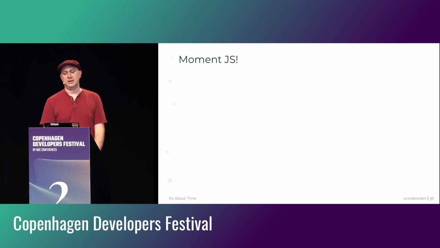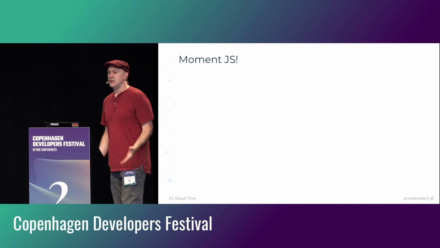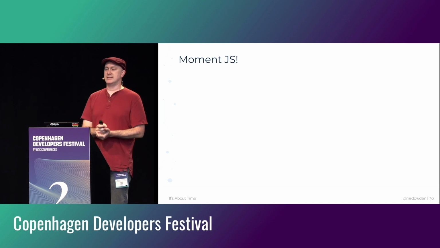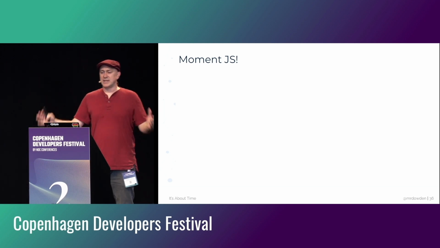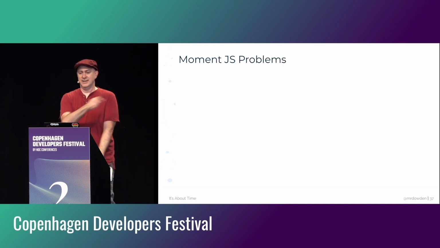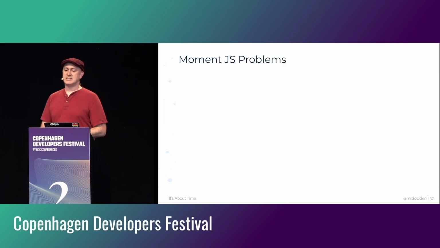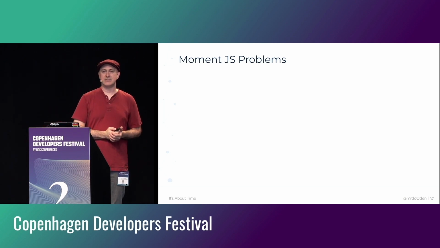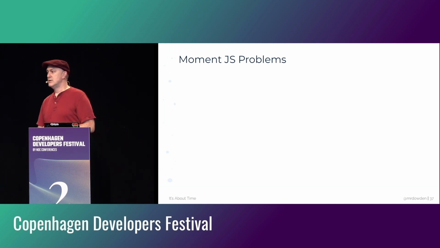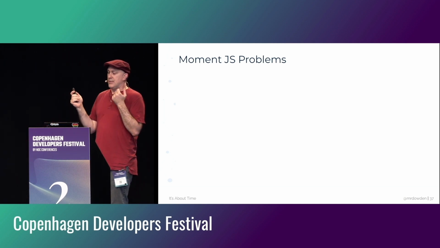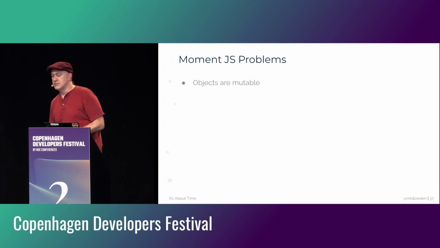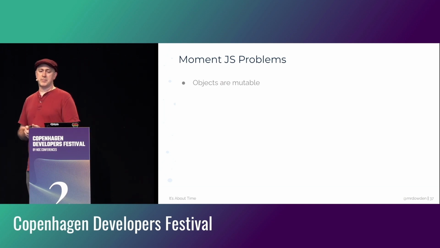So, if you've been around JavaScript for a while, you've almost definitely heard of Moment.js. So we can definitely count on it to save us here. Except now we can't. It's totally out of date. It's full of issues in modern apps and is no longer being maintained. So here are some of the problems. The objects are still mutable. That can still be a problem in our apps.